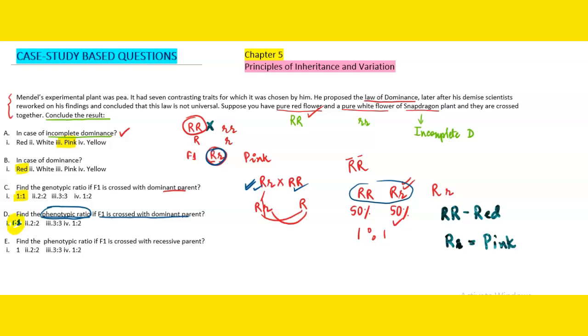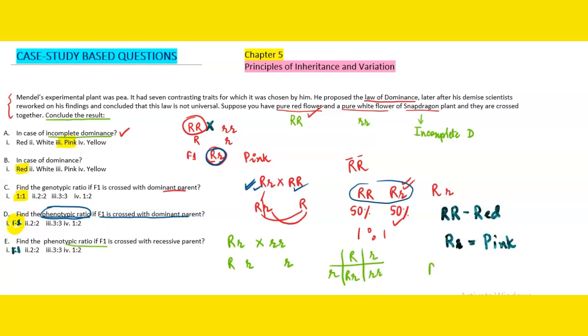Let's move on to the last part. Here the question is asking what would be the phenotypic ratio if F1 is crossed with the recessive parent. So this was our F1, and we are crossing it with the recessive parent. These are our gametes. If you want to make the Punnett square, it will be like this.